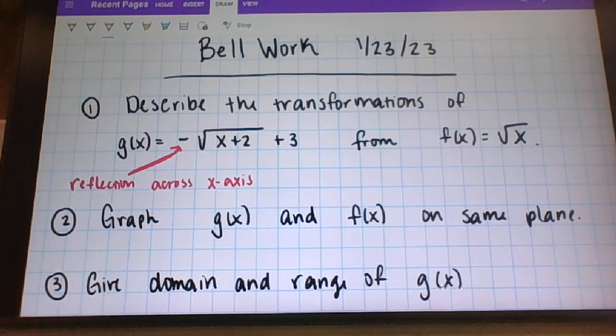All right, thank you. Let's do another one. What about this plus 2 underneath the radical bar? What effect will that plus 2 have on the graph? Okay. Yeah, that's actually going to go left 2 units. A horizontal translation of negative 2.